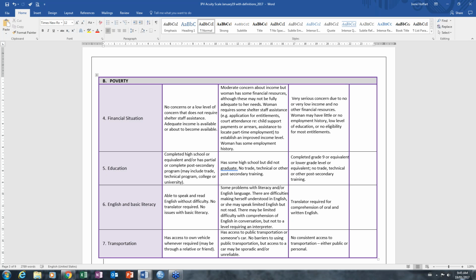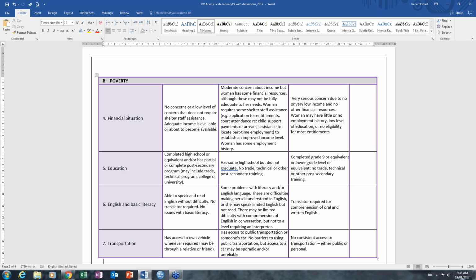It really is about a woman's assessment and also your assessment, a joint assessment, of where their financial situation is at. In some of these instances, it might not be black and white, so it does require some thinking and conversation. But with case studies, I think you'll probably see it fairly straightforward.